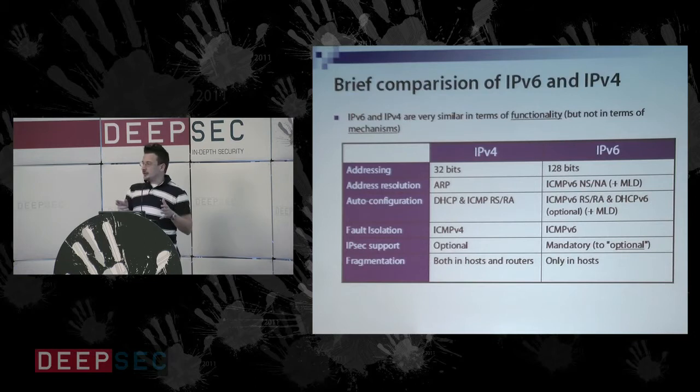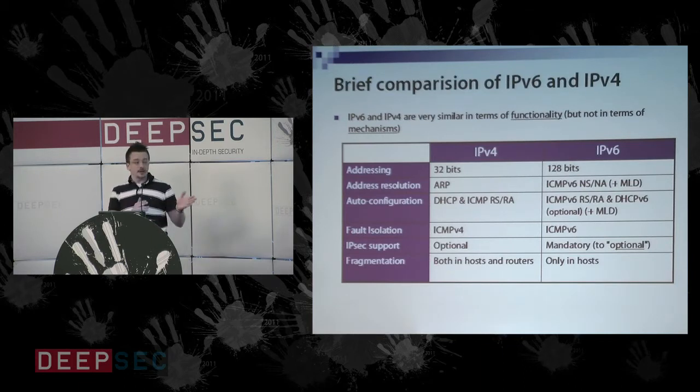So strictly speaking, what you use for address resolution is neighbor discovery, ICMP messages, but then you also need to have multicast listener discovery, which I'm not going to discuss in this set of slides, but there are some versions of MLD that are quite complex. So yeah, MLD has its own security implications.